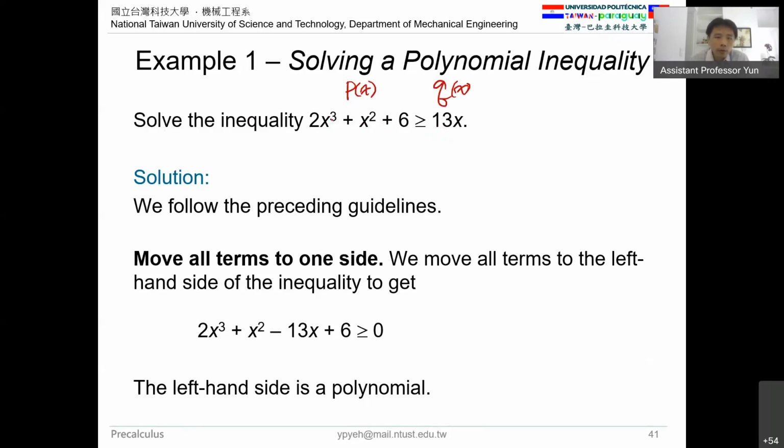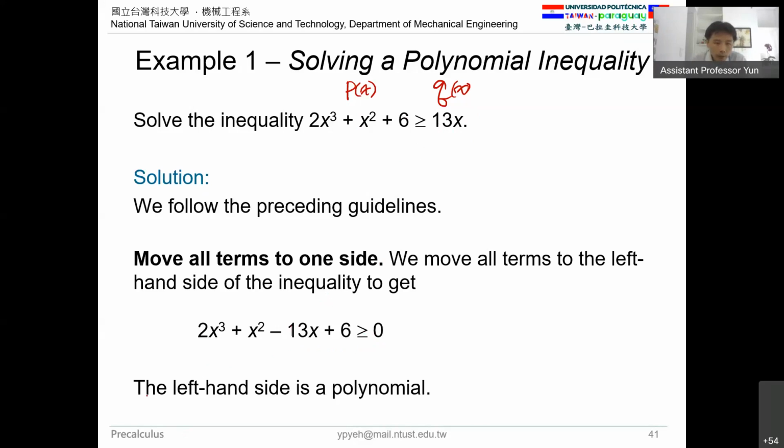Here the degree is 3, and here the degree is 1. The first step is to move all the terms to one side, so we move the right hand side to the left hand side. We subtract 13x from both sides, which results in 2x cubed plus x squared minus 13x plus 6, which is larger than or equal to 0 in this term.